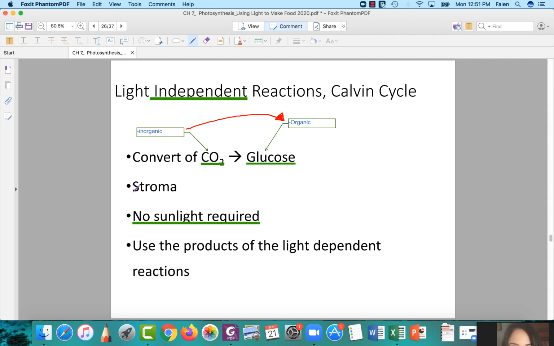Important facts. This occurs in the stroma of the chloroplast. No sunlight is required. We've already established that. And the products that we have just acquired from the light reactions are utilized to run and operate the Calvin cycle.